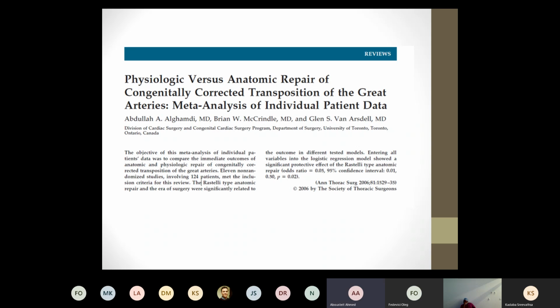This is a little bit old, about 14 years ago, and they looked mainly into the surgical approach. Is any one of them superior to the other in reducing the incidence of in-hospital mortality in patients with congenitally corrected TGA? They included 11 studies that involved 124 patients. That's on the next page.